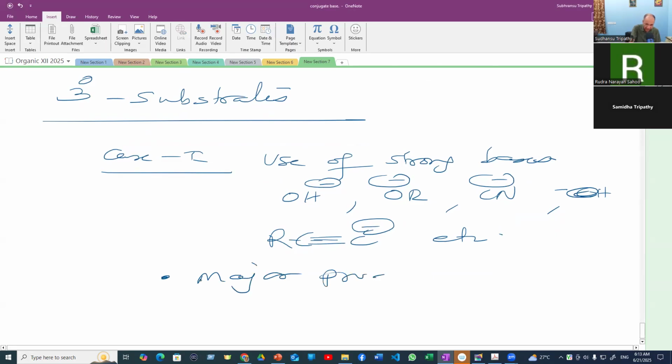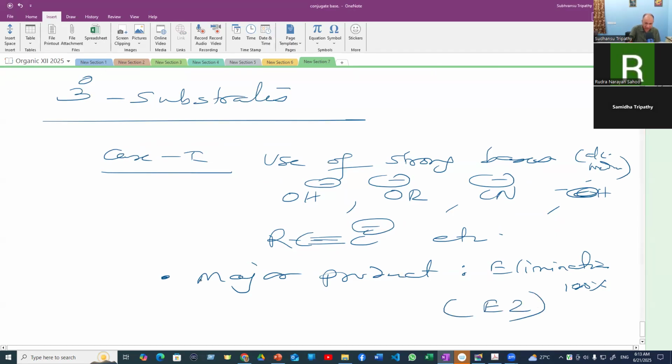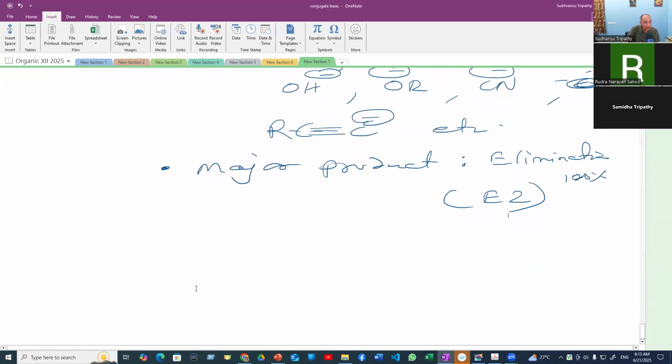The mechanism, write it down, is elimination. 100%. If an alcoholic medium is taken, which is usually taken, it is 100% elimination and the mechanism is E2. Contrary to what people think.